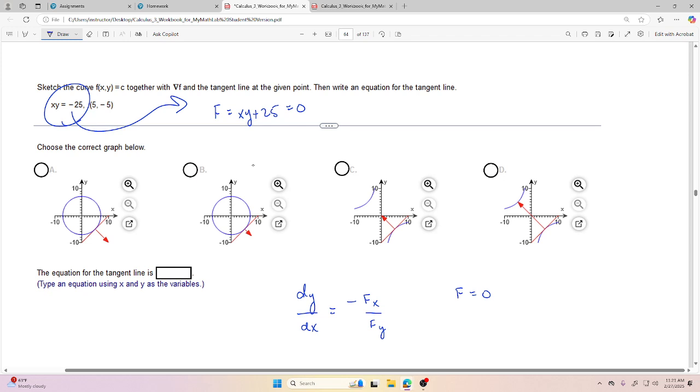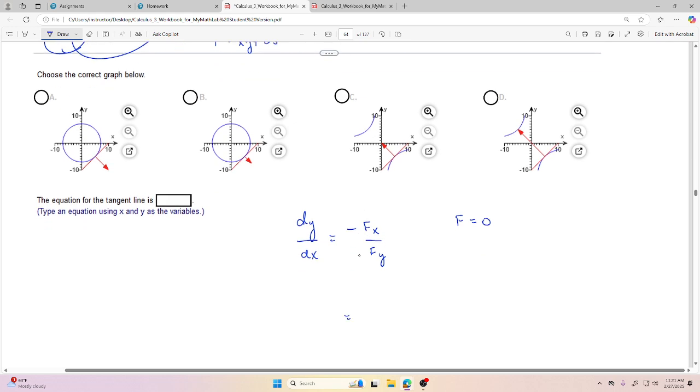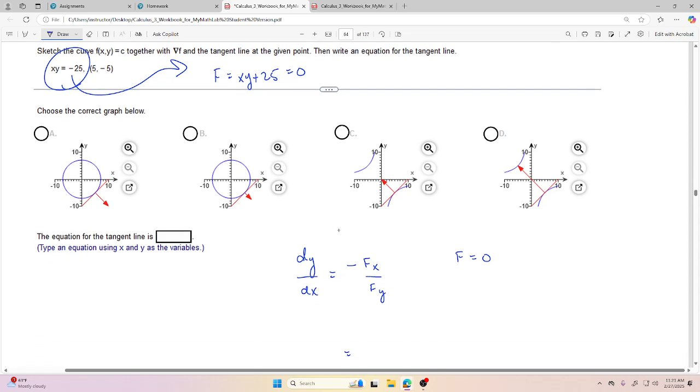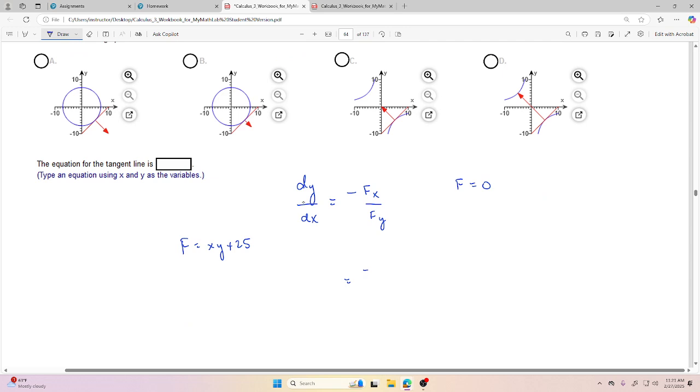Now I am going to take derivatives. That's what the little subscripts mean. I know it's been a while since we did this. What's the derivative in terms of x? That would be that y right there.